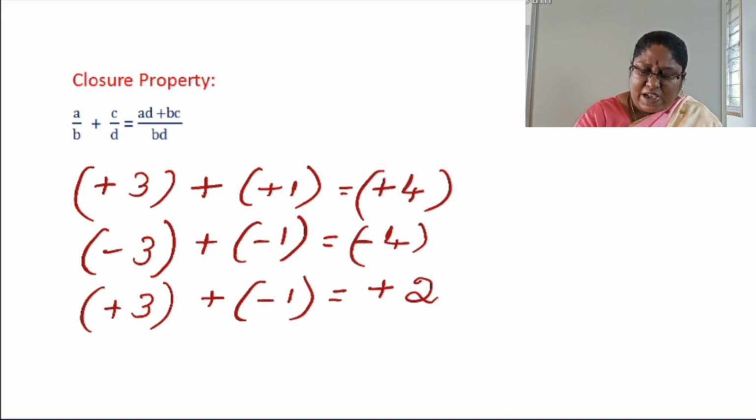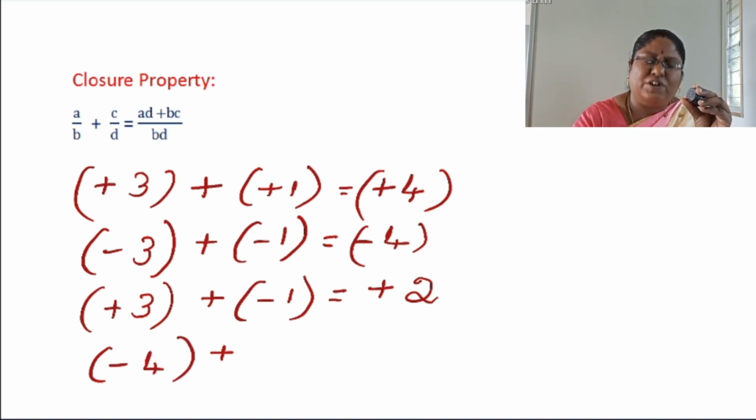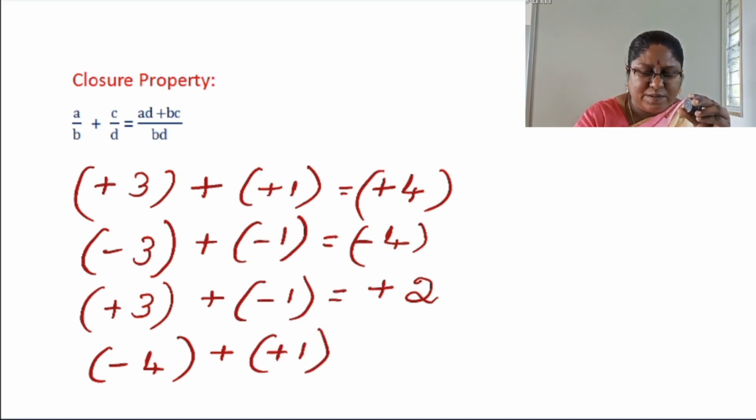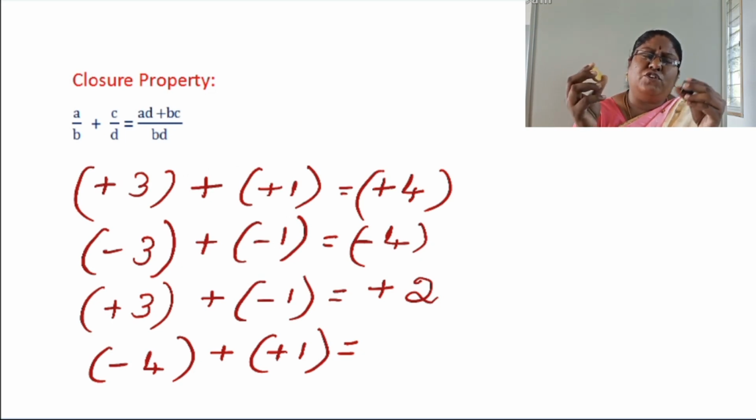Like that, say I am taking 4 black coins, 1, 2, 3, 4. In this hand I have 4 black coins. How can you represent this? Minus 4. I am going to join another white coin with this, represented by plus 1. But if you are joining opposite coins or opposite terms, they will cancel each other with equal values.